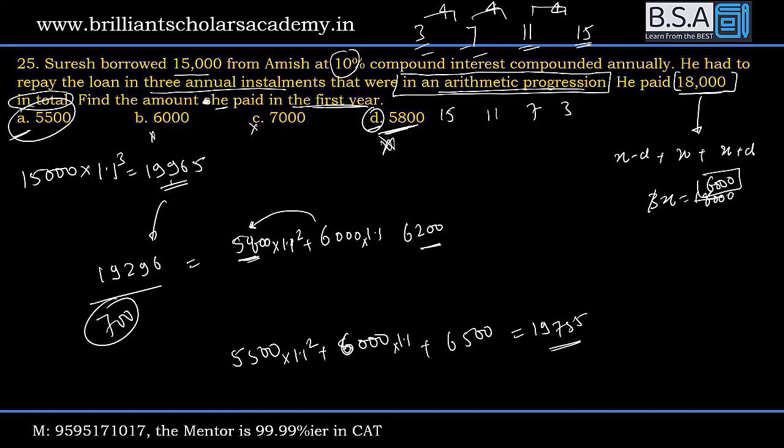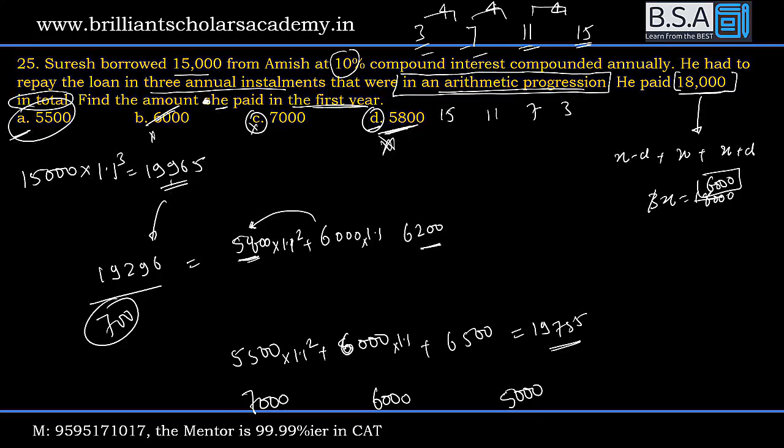None of these answers match the overall calculation. So let me try this value. See, it cannot be 6,000. Let me try this value. If it is 7,000 for the first year, 6,000 for the second year, and because it is 1,000 less, it will be 5,000 for the next year.